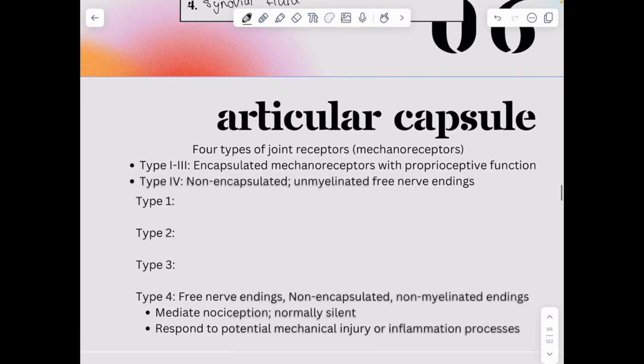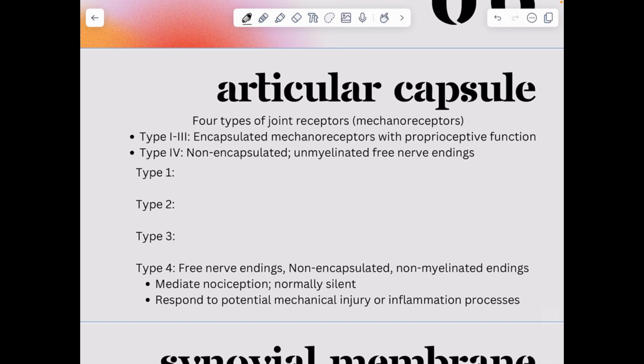Great. Okay, so the articular capsule, there are 4 types of joint receptors. There's probably going to be a question on this, so know these joint receptors. Just know that 1 through 3 are mechanoreceptors with proprioceptive function. That's going to be telling you literally where you're at in space.